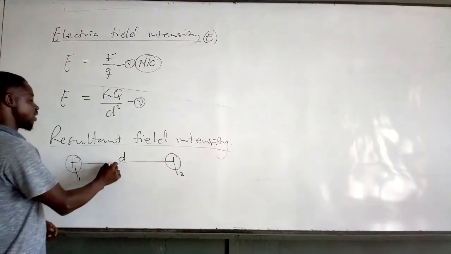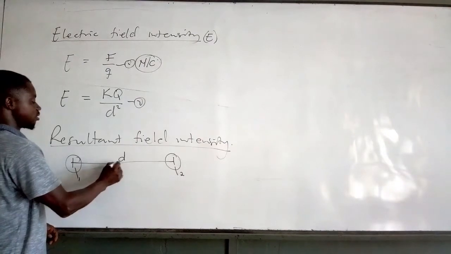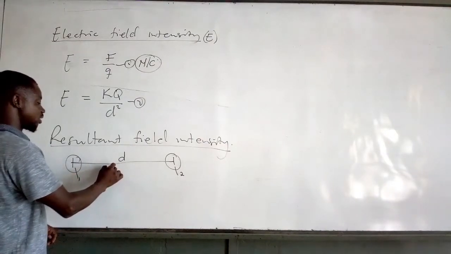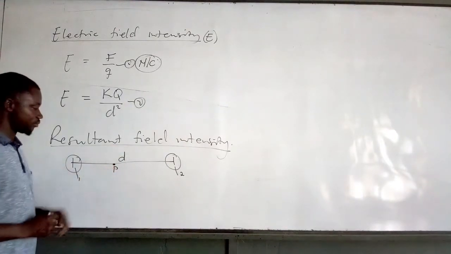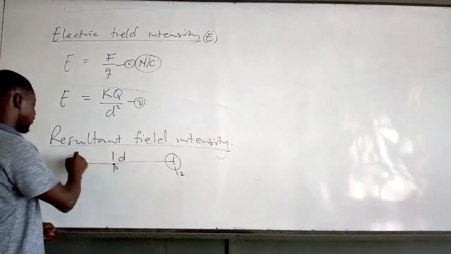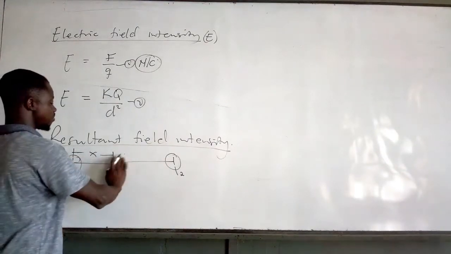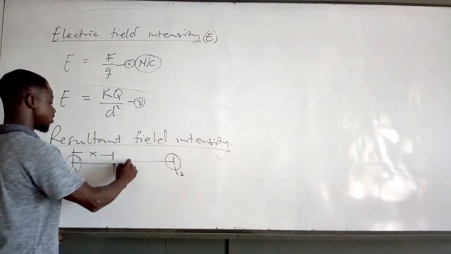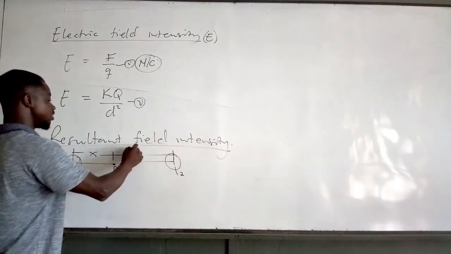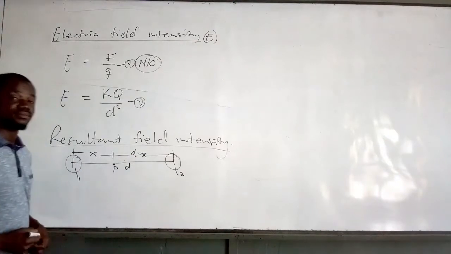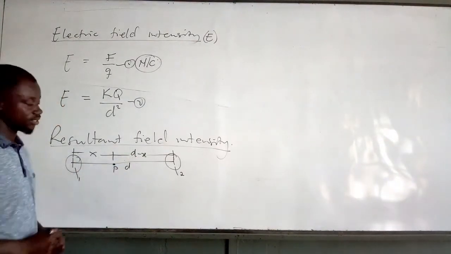We can be asked to find the resultant field intensity at any point between these two. Let us consider the resultant field intensity at the point P, such that if the distance from here to here is x, remember, the whole of this is d, right? Then the distance from here to here becomes d minus x. I hope that is clear.